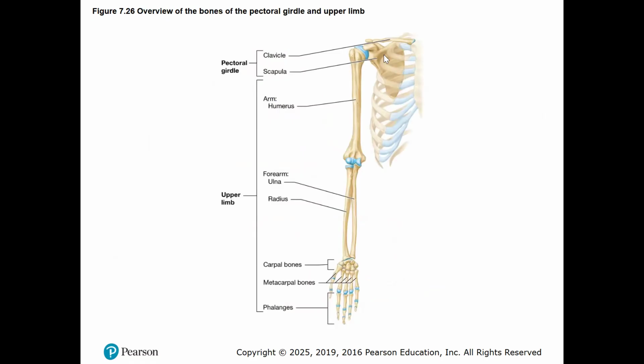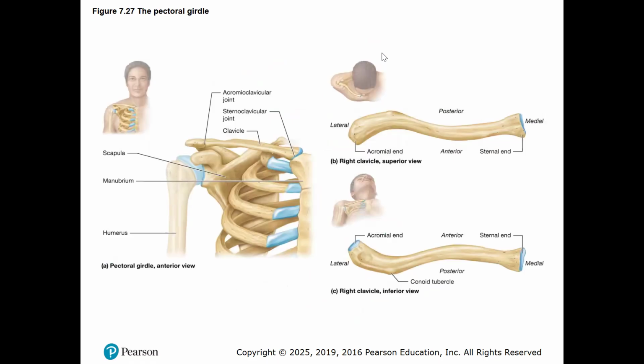Looking at the whole pectoral girdle here, you see the pectoral girdle includes the clavicle and the scapula, and that term girdle simply means to surround or encircle. So they support the upper limb and specifically the humerus, and it's an attachment point for numerous muscles. So let's look at the pectoral girdle in a little more detail.